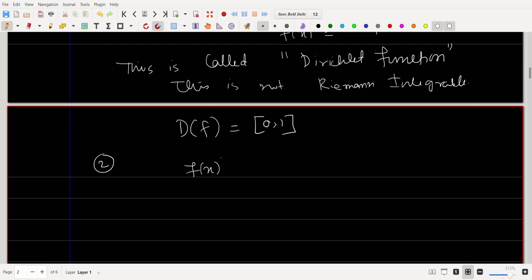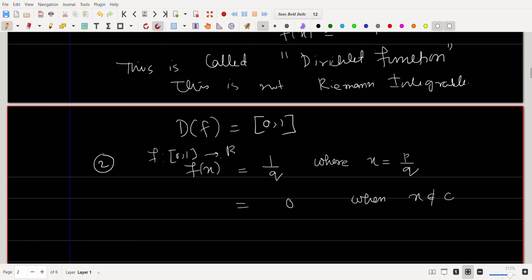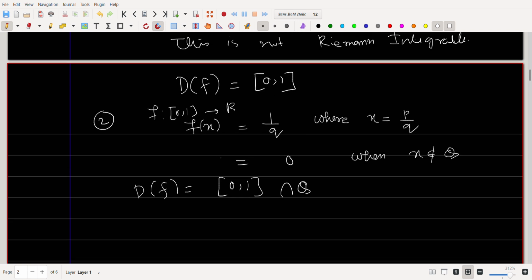The function f from [0,1] to R is given by f(x) equal to 1/q when x equals p/q, basically when x is rational, and 0 when x is in the complement of Q. You have already seen, and you should prove it, that the set of discontinuities of this function is [0,1] intersection Q. So at every irrational number this is continuous, but at every rational number this is discontinuous.